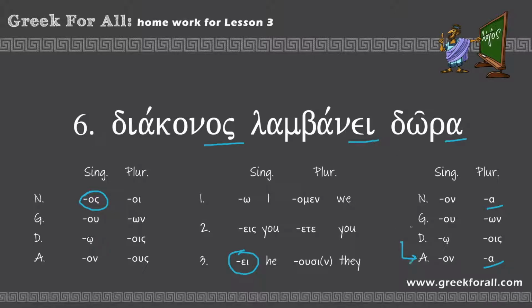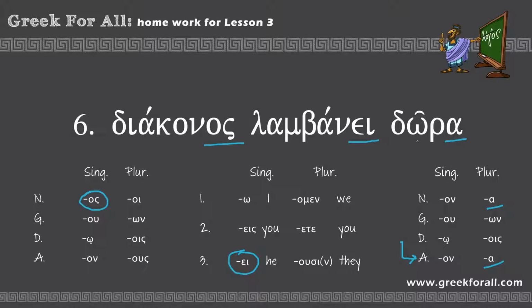And the second way to check it, we remember that our verb should agree with its subject in number. And the verb lambanei is a singular verb, so it means that its subject should be singular as well. Diakonos is singular, but dora is a plural noun.